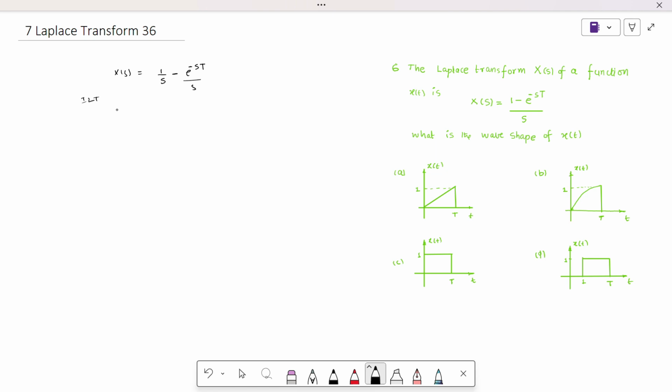Taking the inverse Laplace transform on both sides, x of t equals u of t minus u of t minus capital T. So this is a rectangular pulse, with width T. So this is option C.